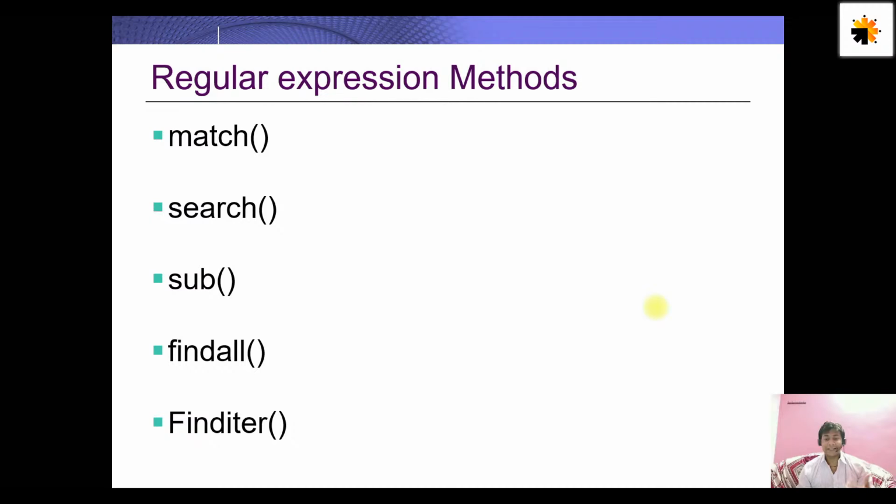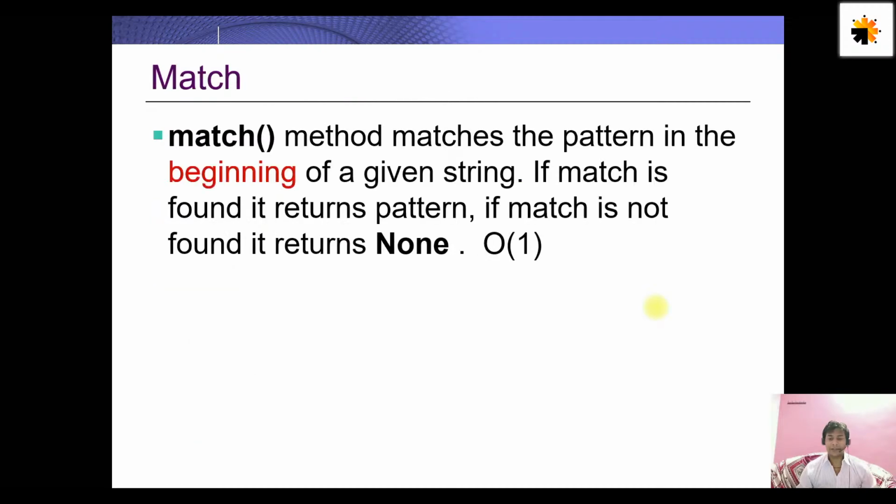The match method matches the pattern at the beginning of a given string. Yes, beginning, not the end, not the middle, just the beginning. If a match is found, it returns the pattern. If a match is not found, it returns None. So it serves just one purpose, to search for a pattern at the beginning of a given string.